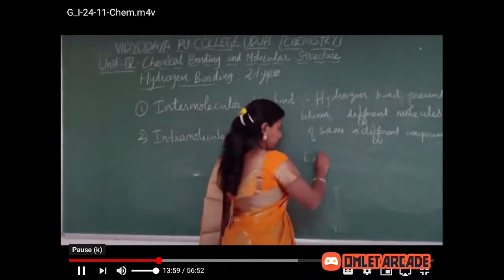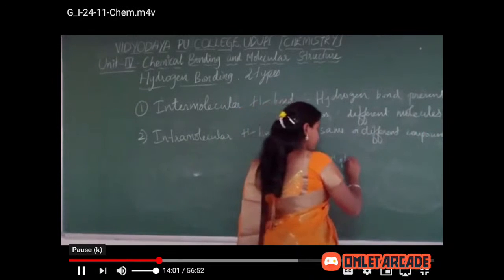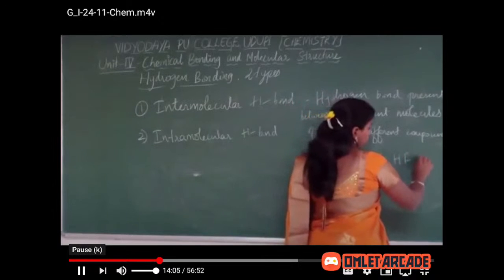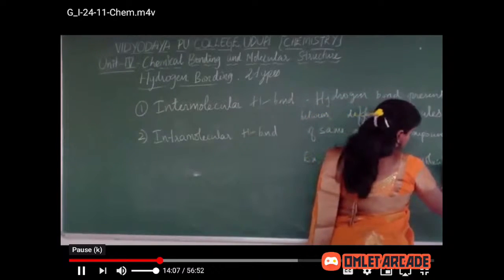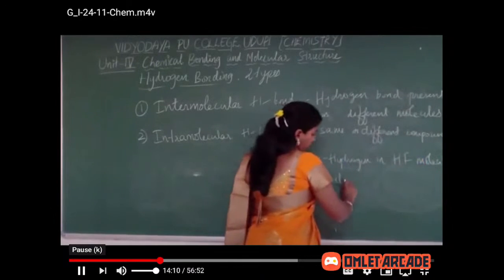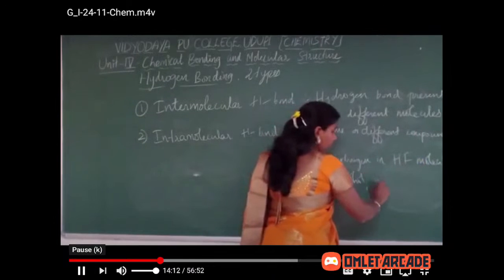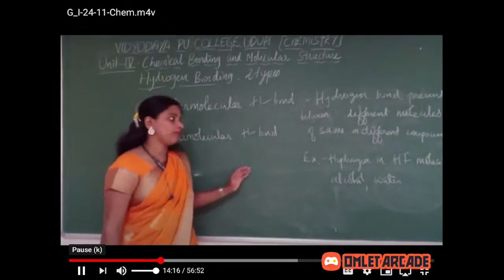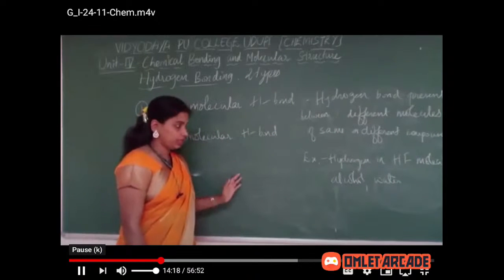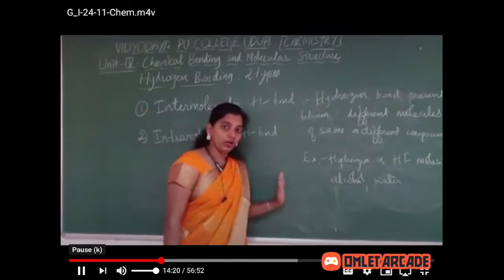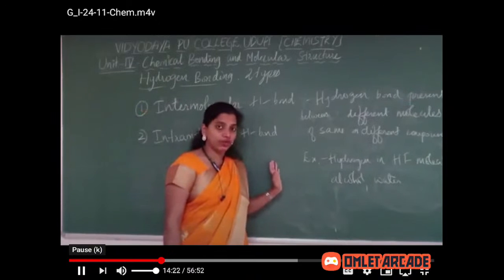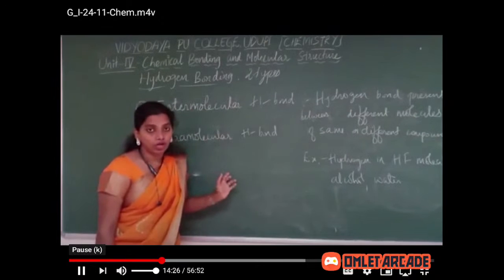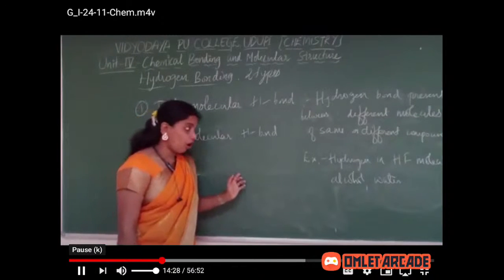Example, hydrogen bond in HF molecules, alcohol, water, etc. Means between 2 different HF molecules it is present, or between 2 different alcohol molecules, ethanol, C2H5OH molecules, or between 2 different water molecules, right?